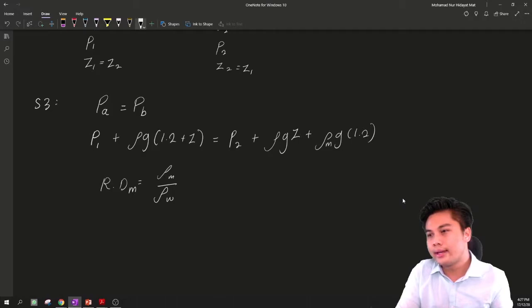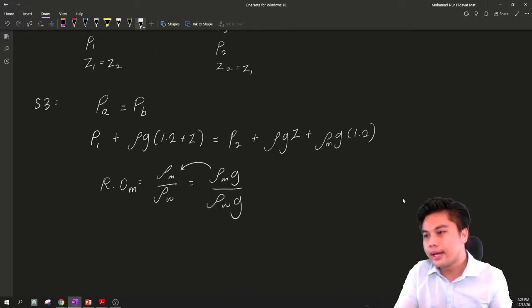So we can have another equation: density of mercury times gravity over density of water times gravity. Gravity cancels out, and remember that rho G refers to gamma. So we can simplify to gamma of mercury over gamma of water.